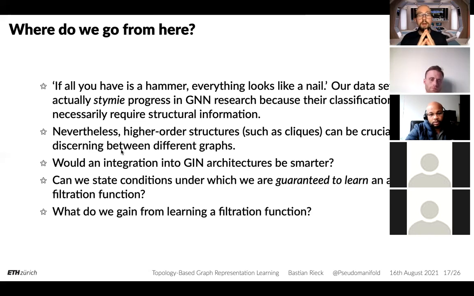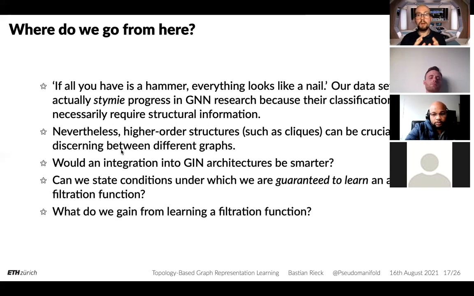That being said, we know that higher order structures in graphs, such as cliques, for instance, can be crucial for discerning between different graphs. Michael Bronstein has a recent preprint on this where he and his group imbued graph neural networks with additional features based on cliques and other higher order information from graphs, pardon me.